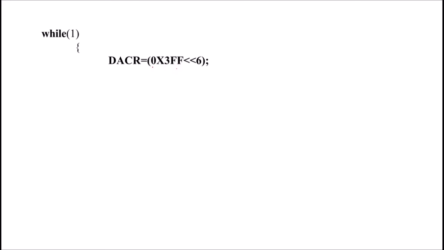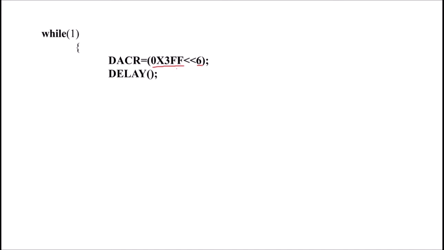We'll take this value 3FF and shift it in the left direction by 6 bits. So all 10 bits of digital input are at logic 1. This digital value will be converted into analog by the DAC, and the highest value, that is 3 volt, will be available at P0.25. So this is for T on.